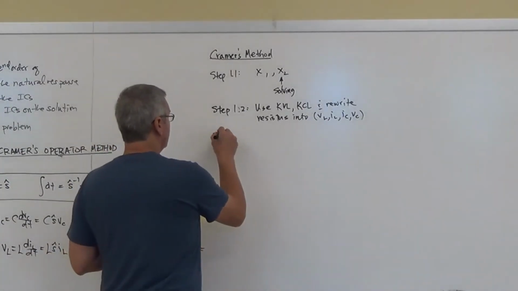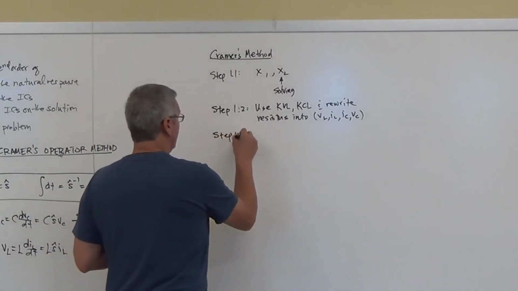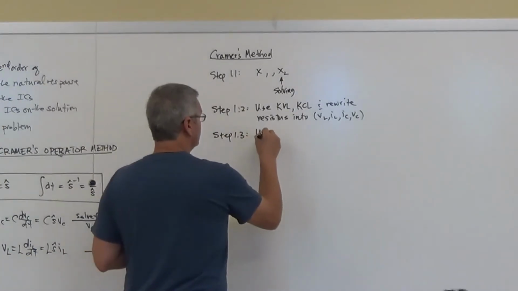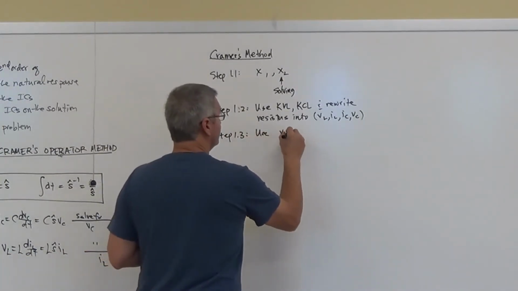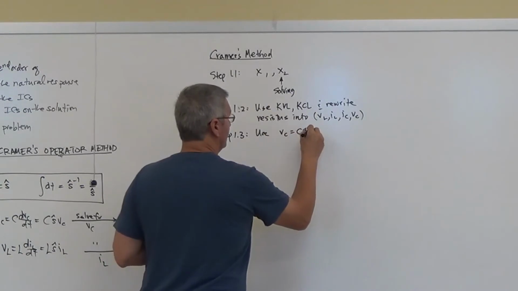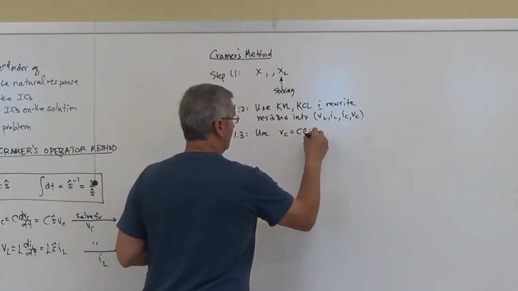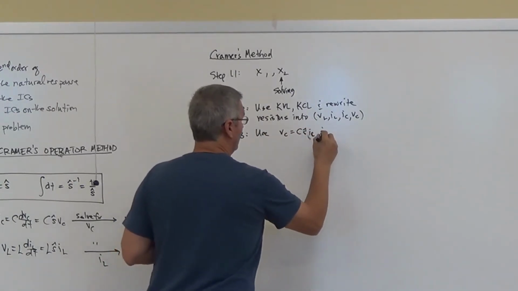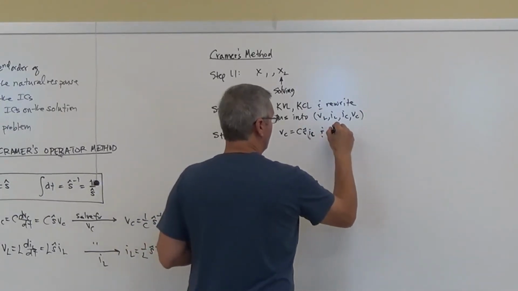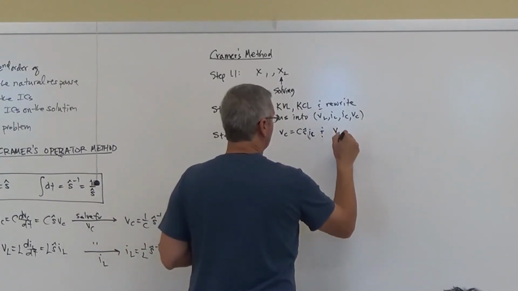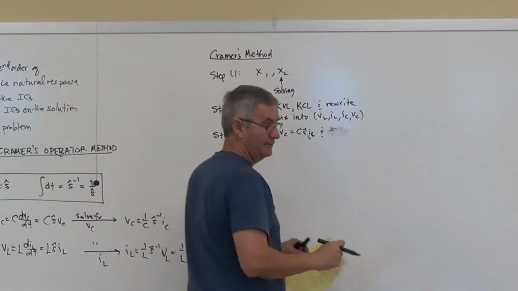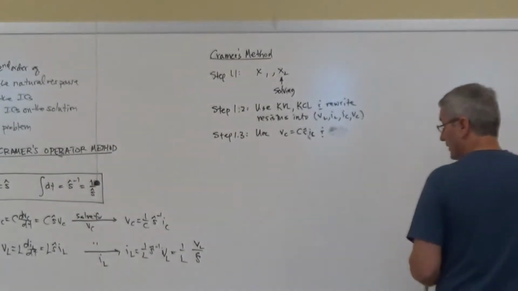And then the way I did it before here is I said use VC with this operator and VL. Ooh, I'm messing up here. That's incorrect.